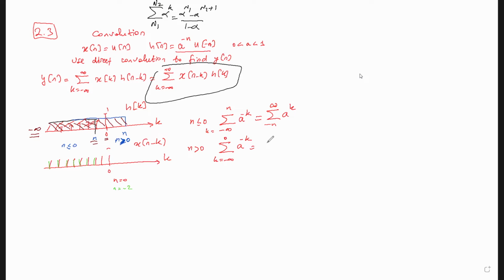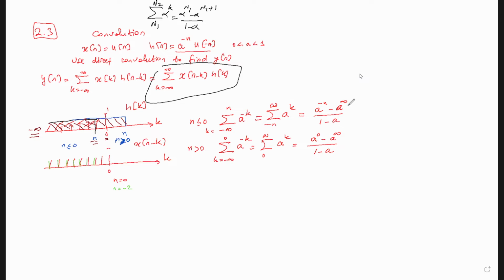And similarly here, we can write this as from 0 to infinity a to the power k. And this is going to be a to the power minus n minus a to the power infinity divided by 1 minus a. Here it's going to be a to the power 0 minus a to the power infinity divided by 1 minus a. a is a small number.